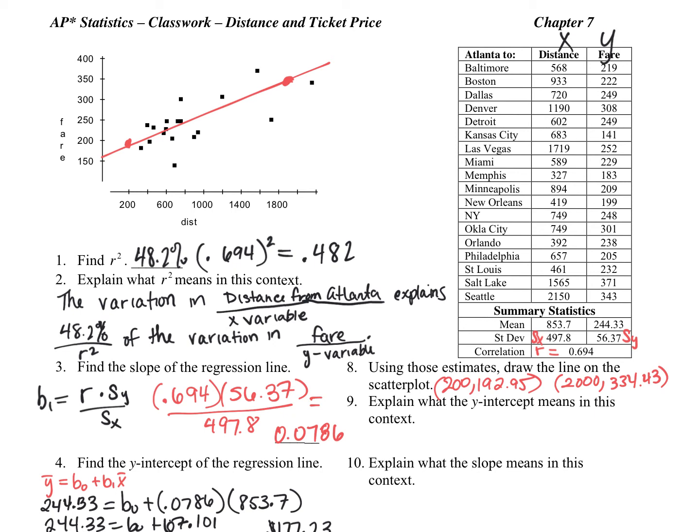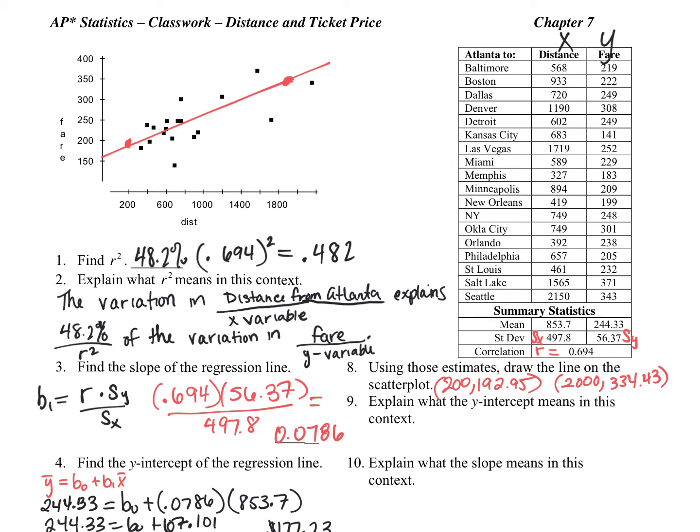And then we could say this would be a base fare for tickets. Okay, if it's really outrageous, like it's negative, and you're talking about height and weight, you say, well, this doesn't have much meaning in this context, but you still interpret it.